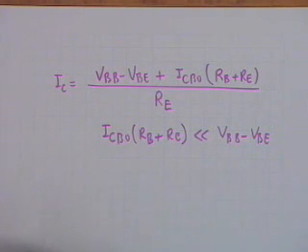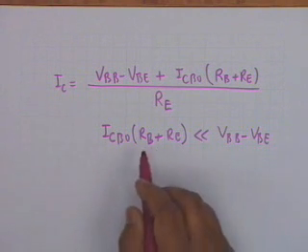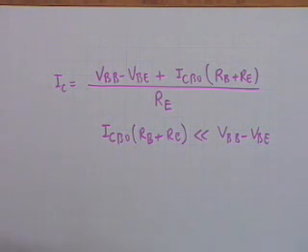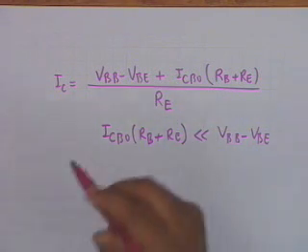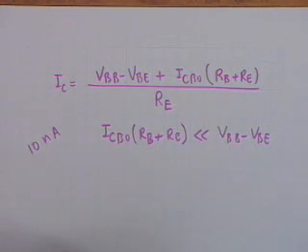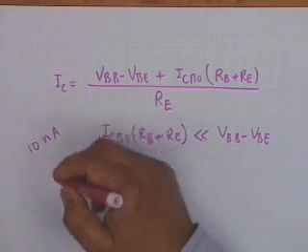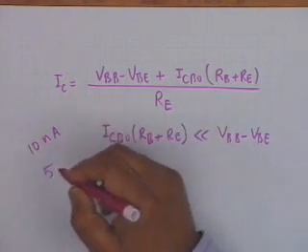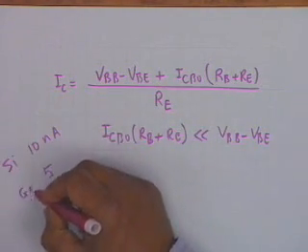There is also a choice in ICBO. You see, for silicon transistors, ICBO is much smaller as compared to germanium transistors. For example, a typical silicon transistor, as I said, ICBO could be 10 nanoamperes, whereas for a germanium transistor, ICBO could be as large as 5 microamperes.